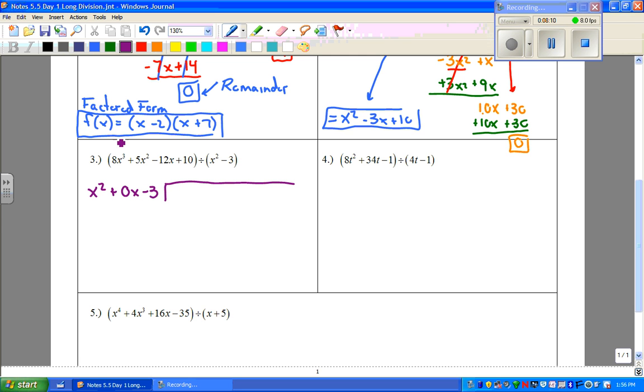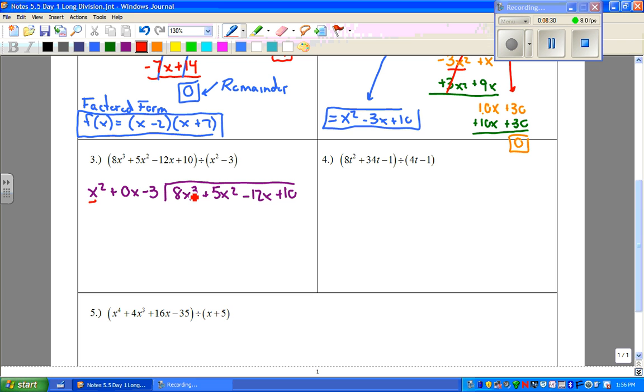And I'm going to divide that whole thing by 8x to the third plus 5x squared minus 12x plus 10. Okay? We look at the first term, x squared. What would we need to multiply this by to make it into that?